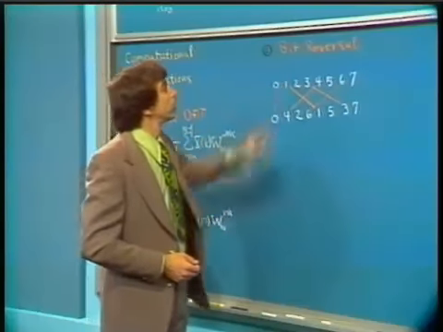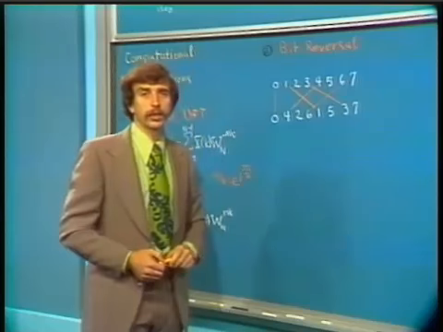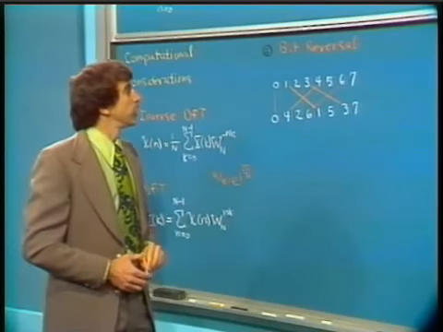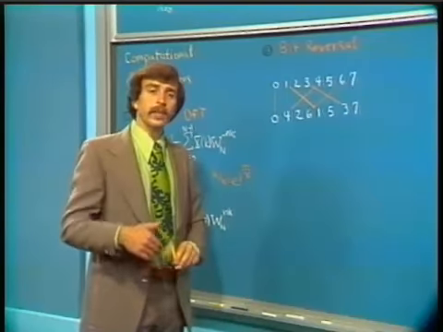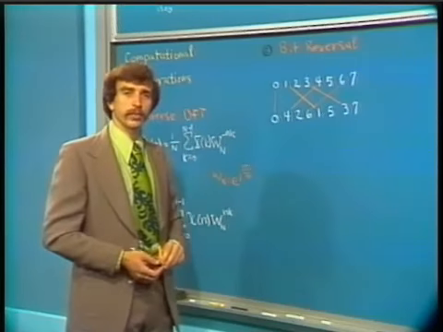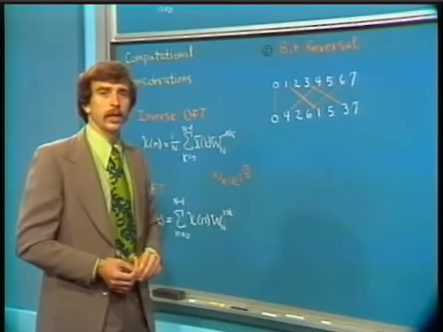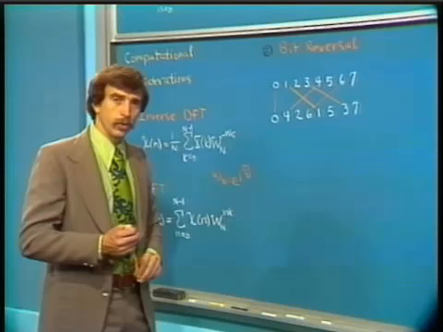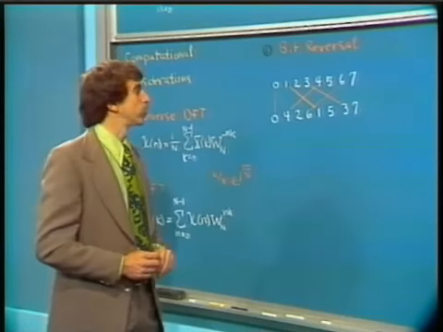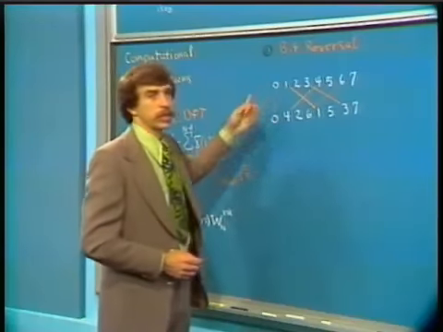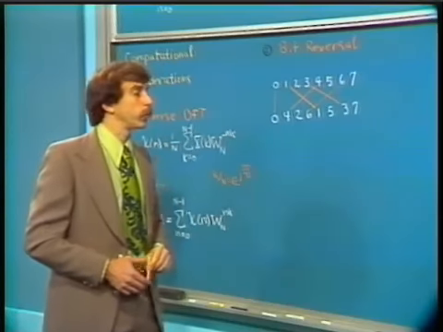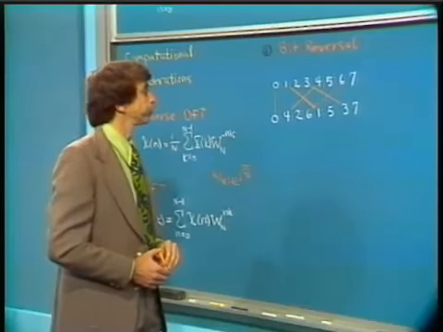So bit reversal, in fact, algorithmically is relatively straightforward. It's an interesting point that it is a somewhat inefficient procedure, as you'll see if you try to program bit reversal. But algorithmically and conceptually, it's a fairly straightforward procedure to implement.